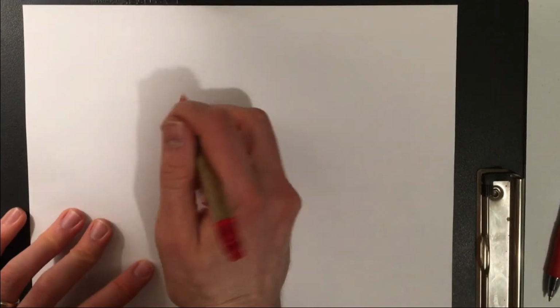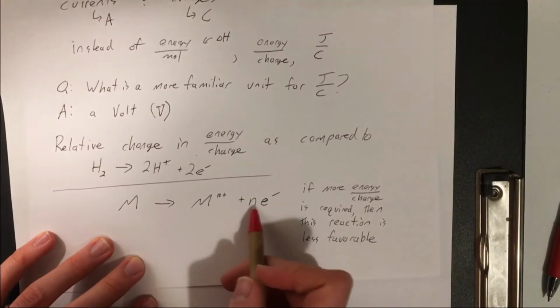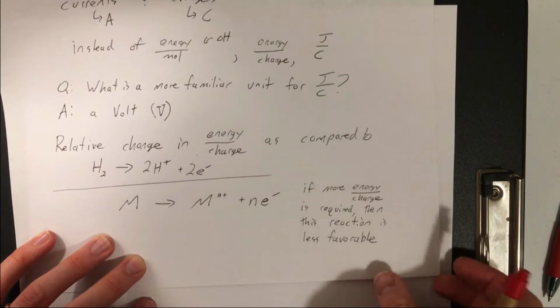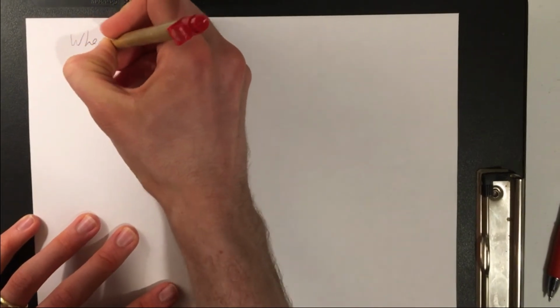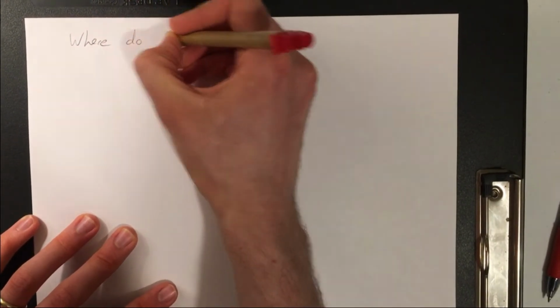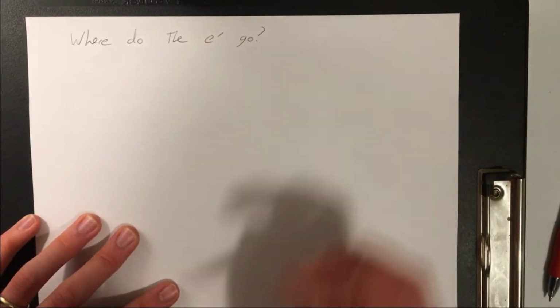Now, a moment ago I was talking about how this reaction almost never happens in isolation. It's always paired. So the logical question to ask might be, where do the electrons go?